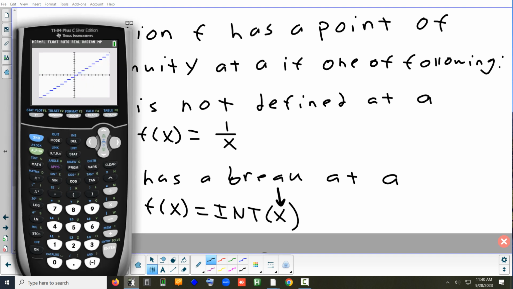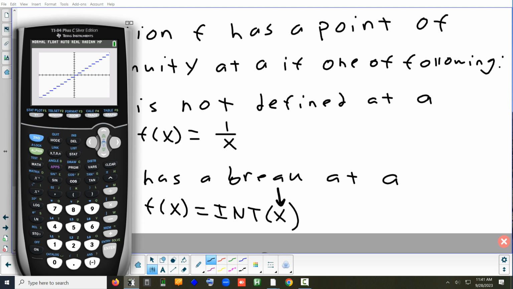The discontinuities in this graph are not because of undefined values. You can plug in any number. The discontinuities are because of the rounding. When you round, you don't use decimals. So you either round to 2 or you round to 3 if you're rounding to the nearest integer. There's nothing between 2 and 3. There's a jump, or a break.